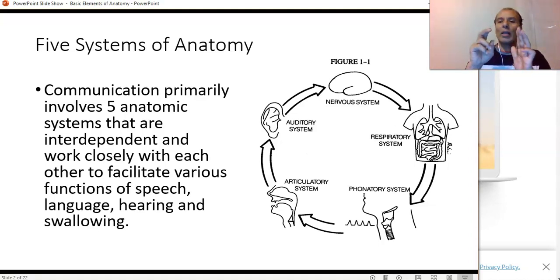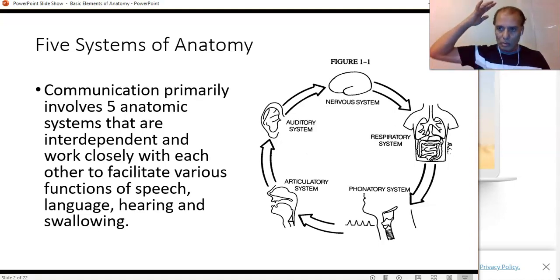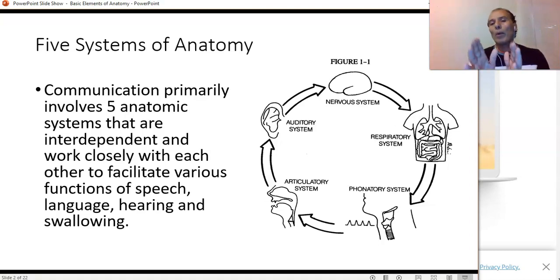And from there, you are going to go finally to the part of the cerebral cortex that is dedicated to hearing and auditory processing. And then you make sense of what is being said. So these five systems are what we are going to focus on throughout the course.